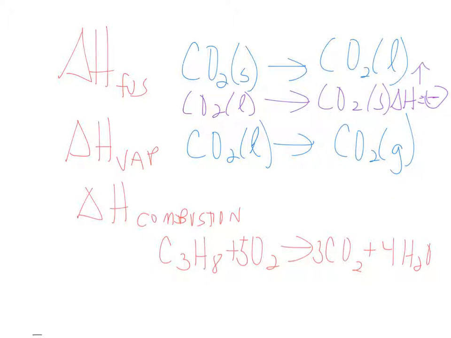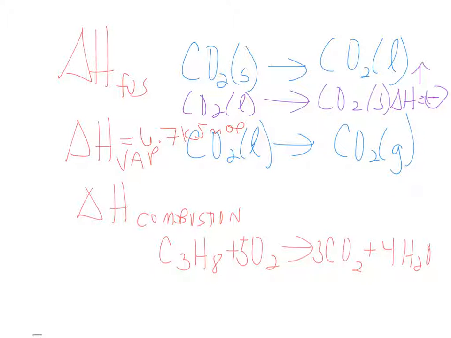We can measure and put in a table, and then it becomes useful, the enthalpy necessary to vaporize a substance. Here, if we vaporize carbon dioxide from a liquid to a gas, it has a certain heat. We'll pretend that heat could be 6.7 kilojoules per mole. I made up that number.